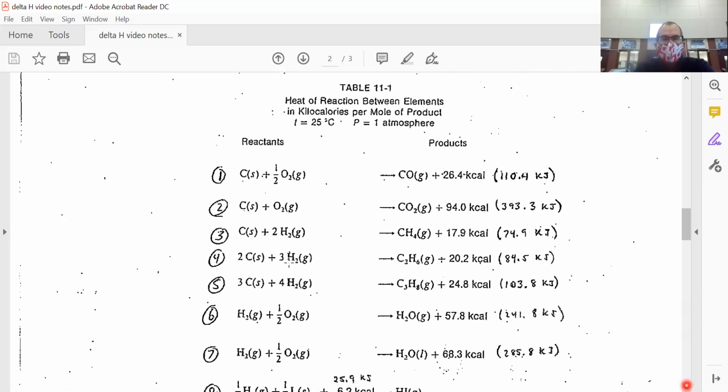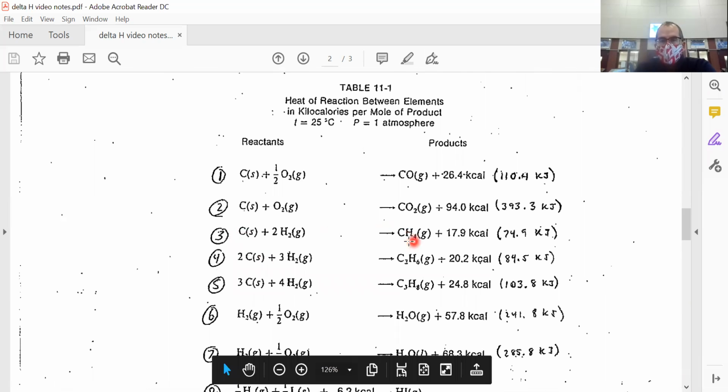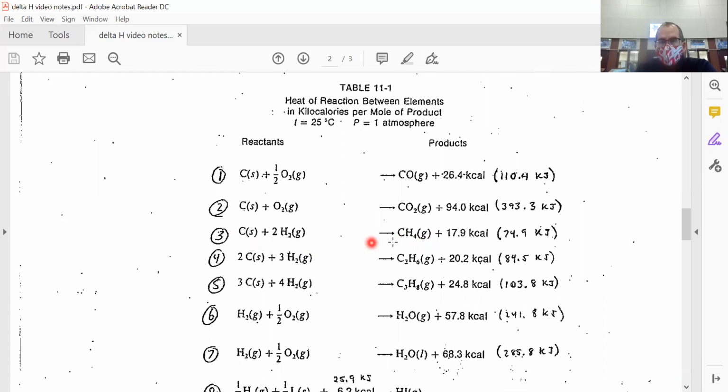I'm going to look at tool number 3, and the heat of formation of CH4 from its component elements. It releases 17.9 kcals. We're going to do things in kilojoules, so that's going to be 74.9 kilojoules being released. Now notice, this is on the product side, this is on the reactant side. I'm going to flip it.